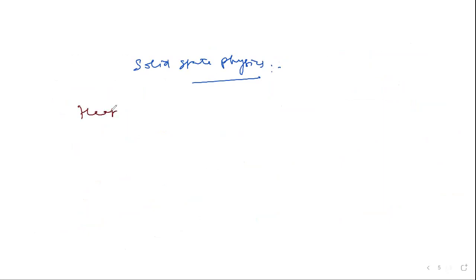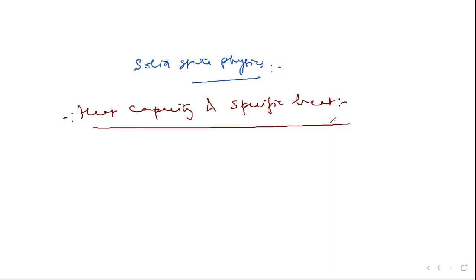So my next heading is heat capacity and specific heat. You know these ideas, as I already said, I need them, so I am refreshing them. How is heat capacity defined?